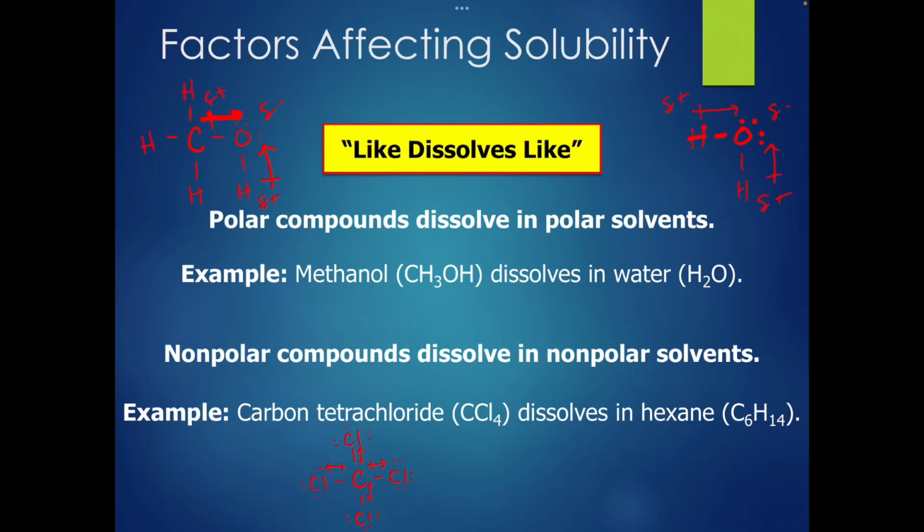So carbon tetrachloride is nonpolar, and so is hexane. So carbon tetrachloride will dissolve in hexane because they are both nonpolar. So again, polar compounds dissolve in polar substances, nonpolar compounds dissolve in nonpolar substances. Okay, so that's why we say like dissolves like. Polar stuff dissolves in polar solvents, nonpolar stuff dissolves in nonpolar substances.